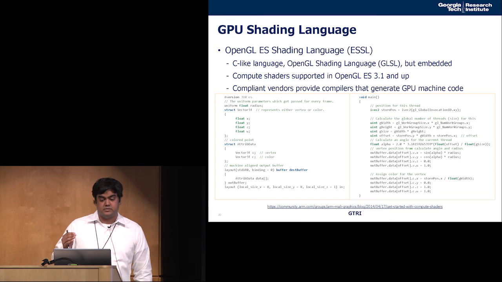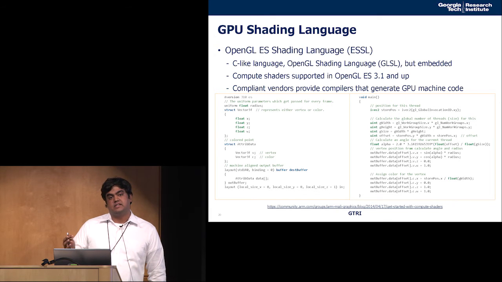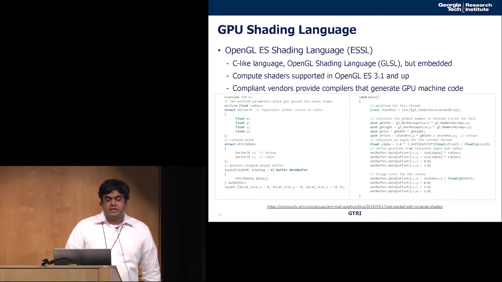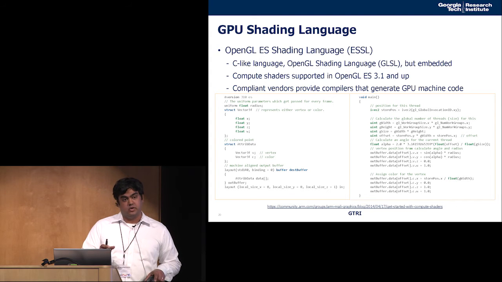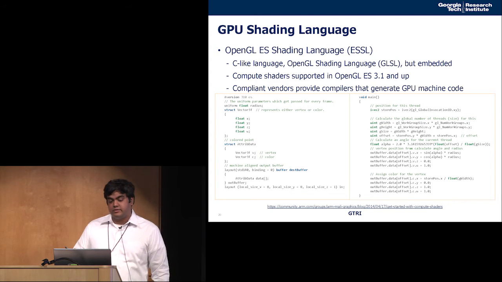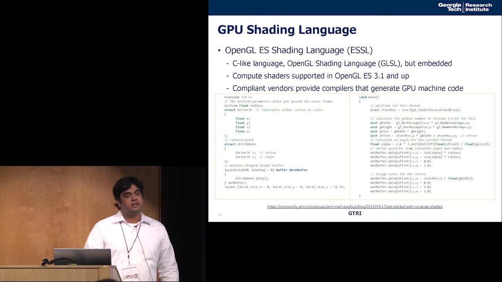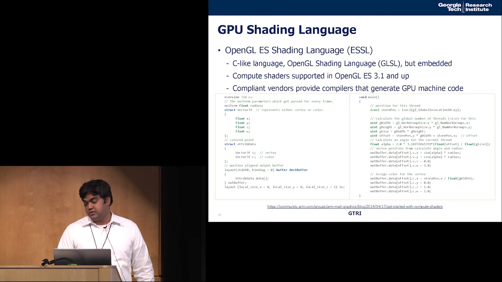As an aside, the spec for mobile is called ES, tacked on the end. There are these things called compute shaders that are supported on OpenGL ES 3.1 and up. Compliant vendors of that specification have to provide compilers that give you machine code. So you start in this high-level C code, and you end up with GPU machine code.